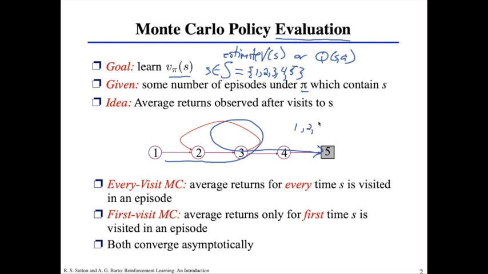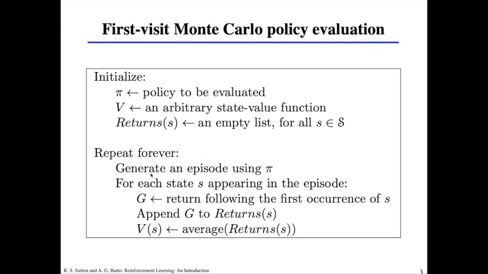We had 1, 2, 3, then 2, then 3, then 4, and then 5, and we stopped. Then we got a reward, and then we updated all the states for all s in S. So the question is, when you update 2, because say 2 and 3 you're visiting more than once, do you use the return you would have got just from the first time you got there, or from all the times you got there? That's what this distinction is talking about. There are basically 2 different ways to compute that.